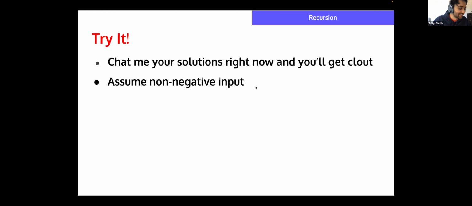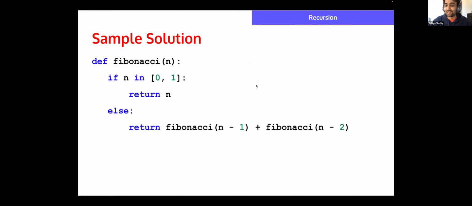All right, let's move on. Let's see what you all came up with. So no surprise, the solution is pretty similar to what we saw for factorial. Our base case is for 0 and 1. The first two numbers of the sequence return themselves.